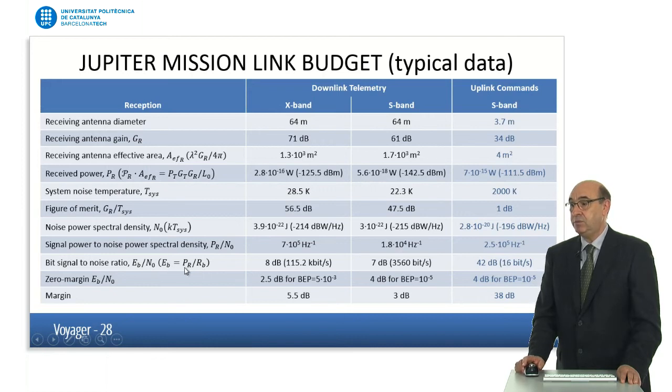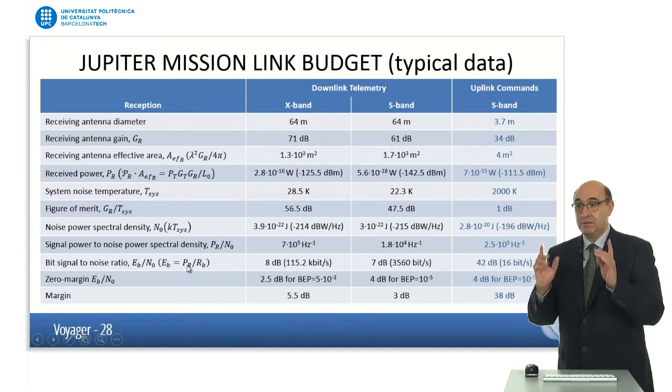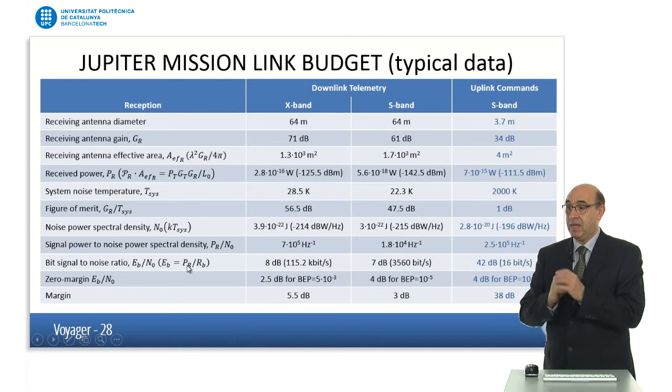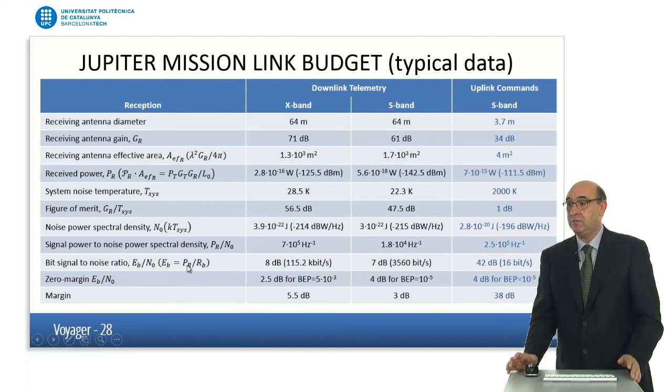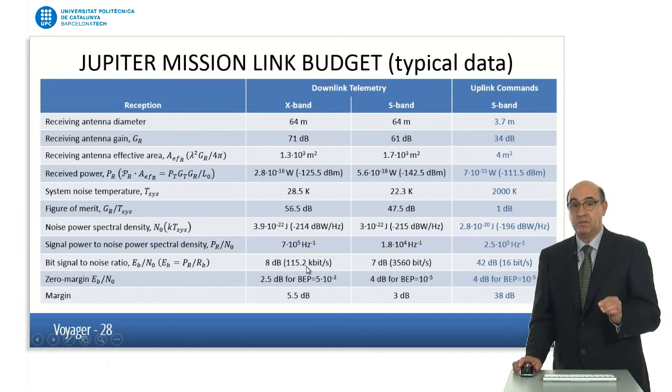And the energy per bit, remember, is just the power received times the time duration of 1 bit, or the power received divided by the data rate. And here you will see that there are different data rates considered. The first one is 115.2 kilobits per second. That's the data rate that was required to send the images down to Earth.